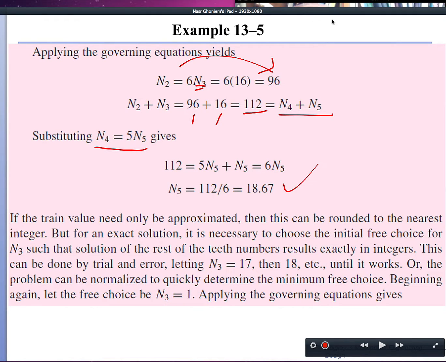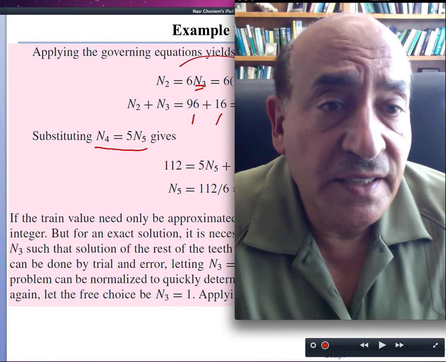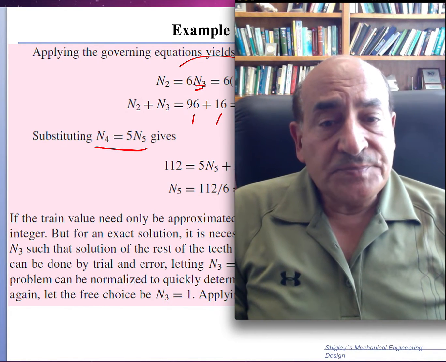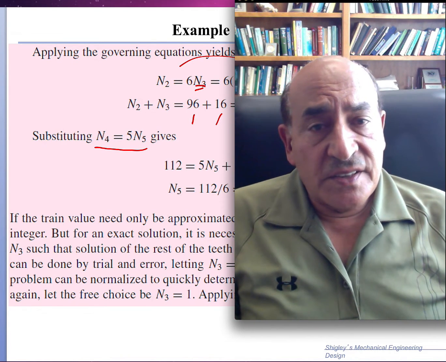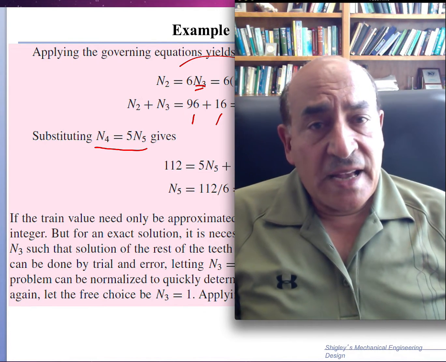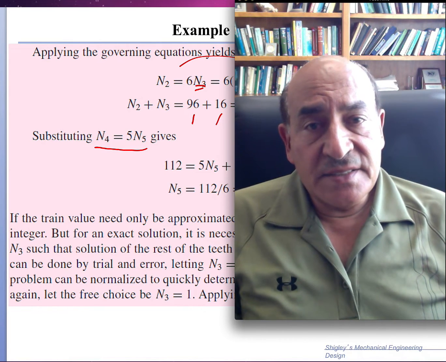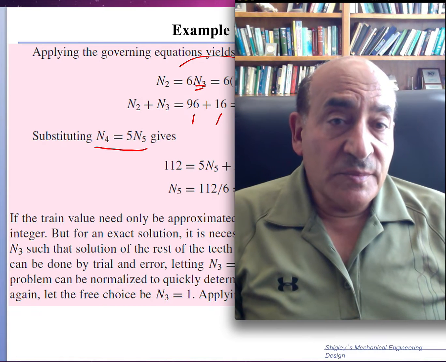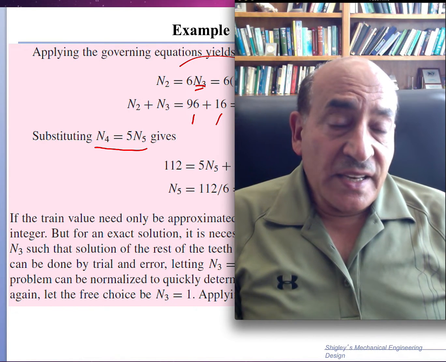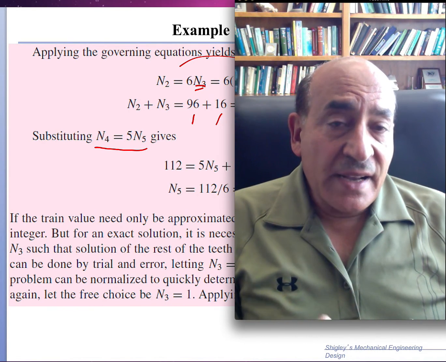If you look at this design, one issue we discovered is that the number of teeth on the 5th gear is actually not an integer. And that's a constraint we must satisfy: we have to have an integer number of teeth. So what I can do is go back.